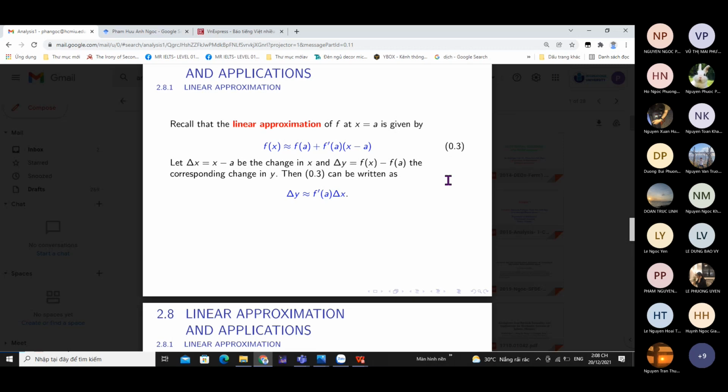It means the change in y is approximately the derivative of the function f at a times the change in x.